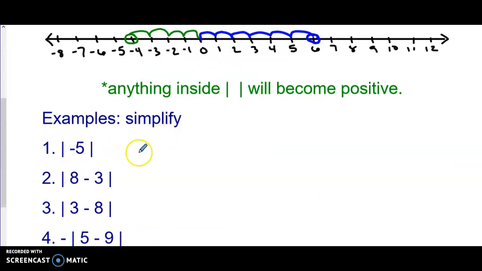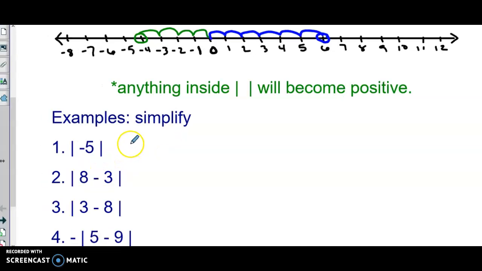All right, let's look at some examples. We are going to simplify these absolute value expressions. All right, number 1, we have the absolute value of -5. So if we look on our number line, here's -5. -5 is 1, 2, 3, 4, 5 units away from 0.